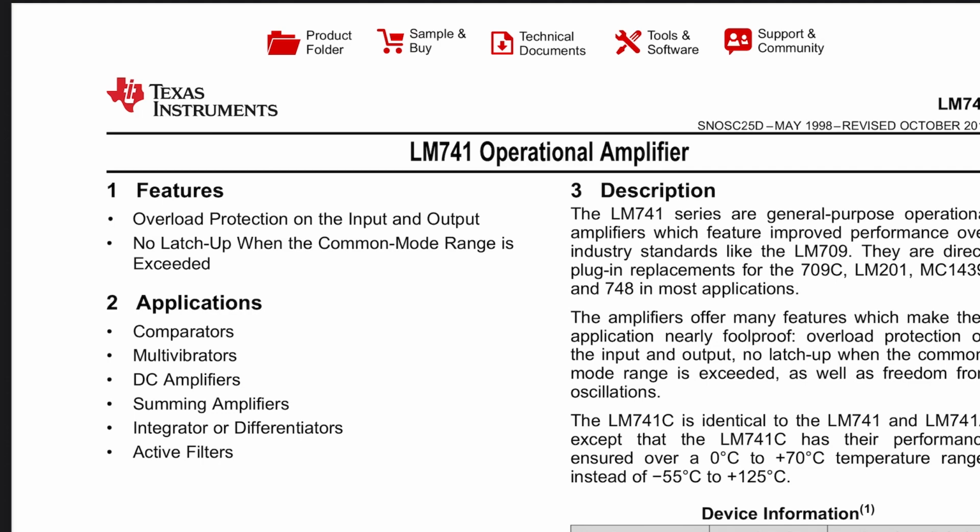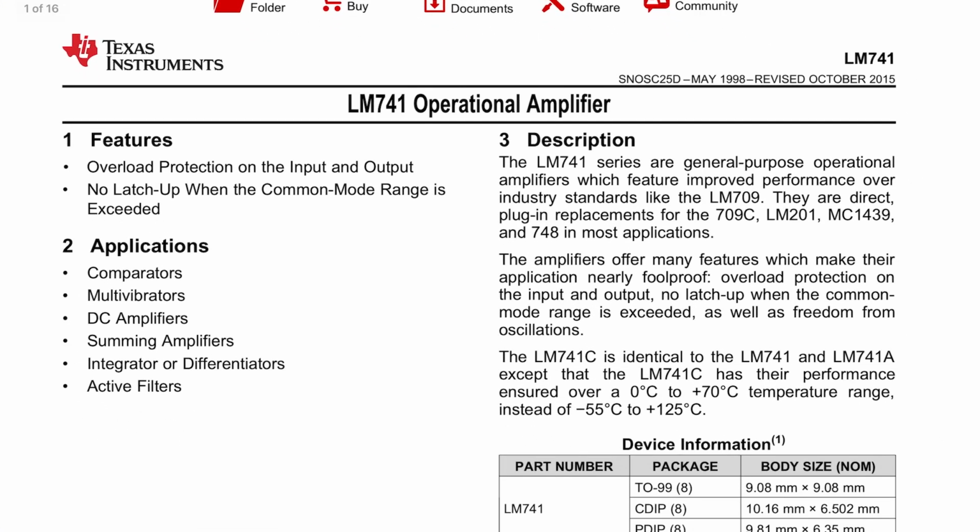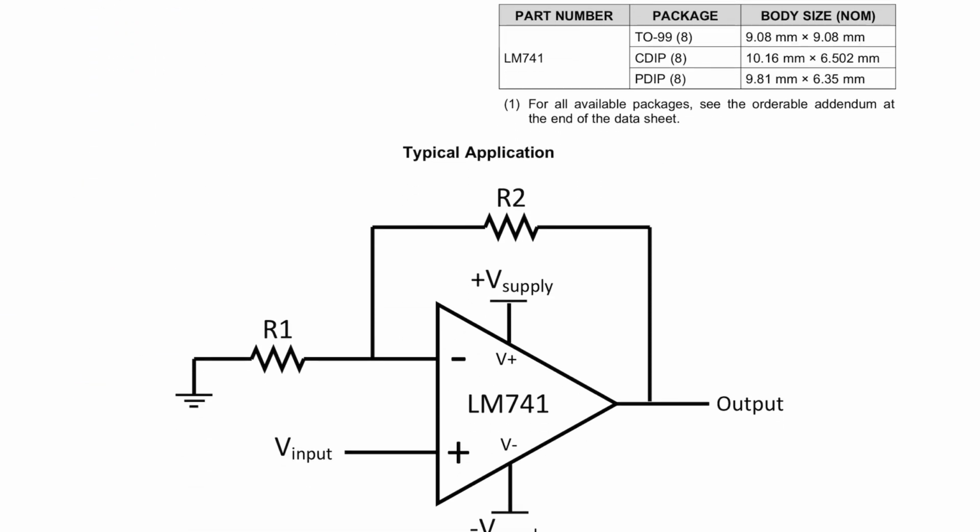For this LM741 amplifier, you can look at the website, and this is something called a product brief or technical document for that particular amplifier. This is one of the configurations where this amplifier can be used.